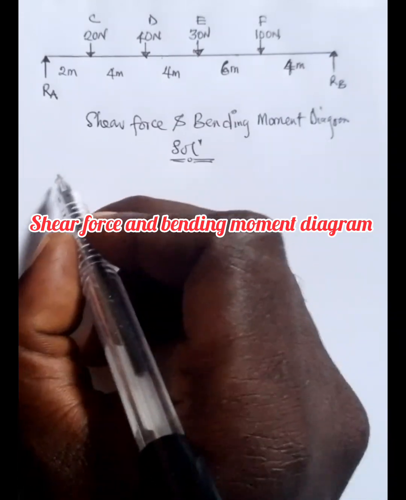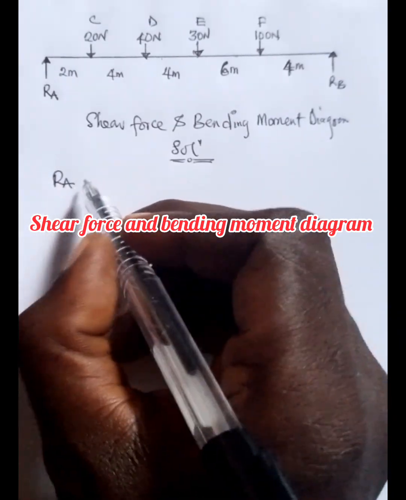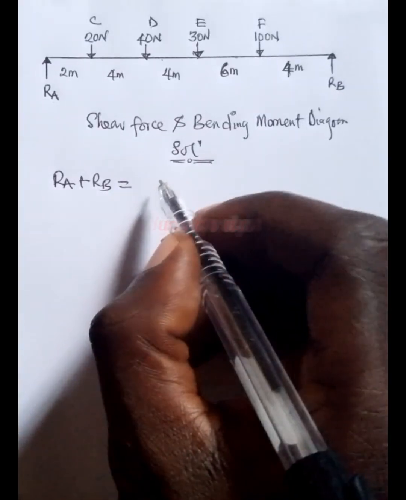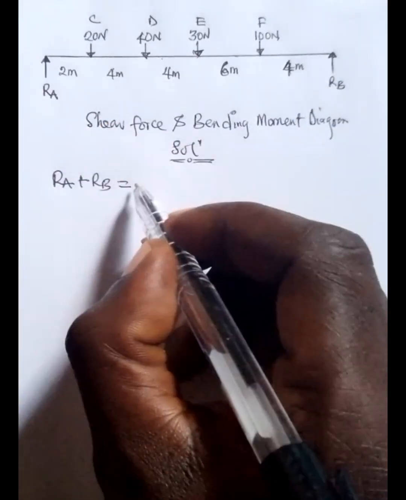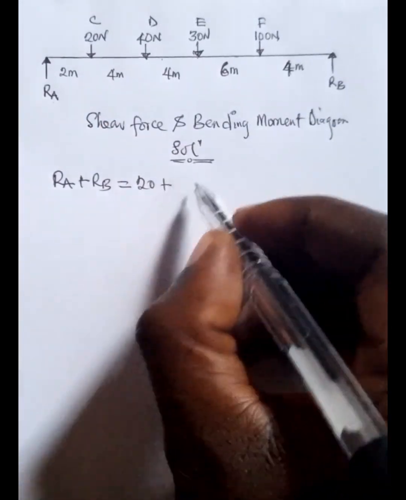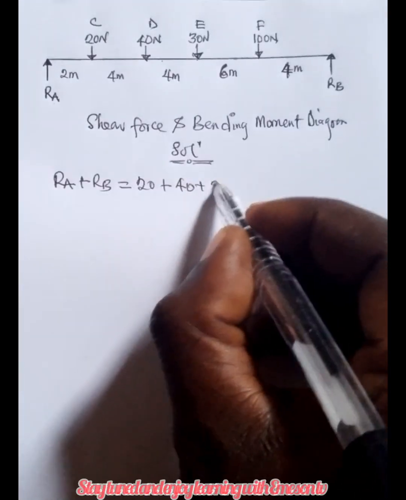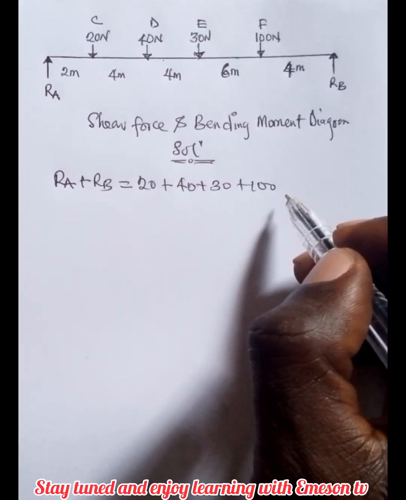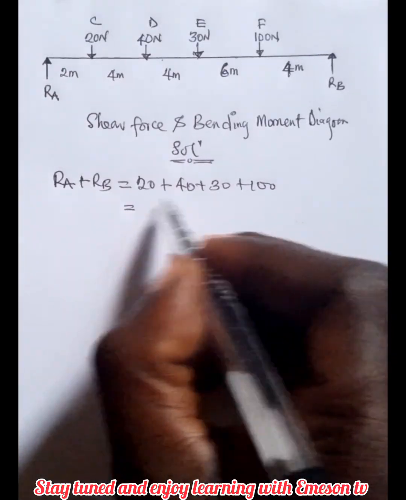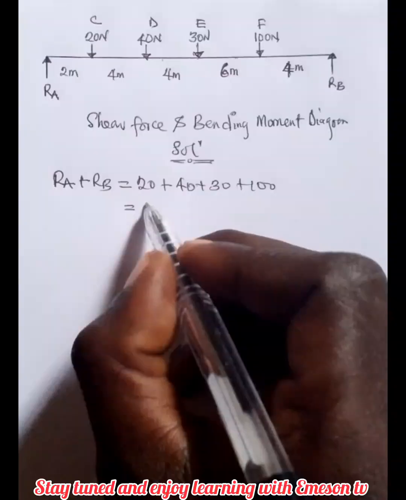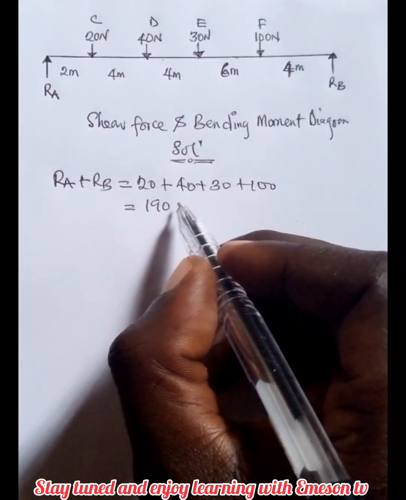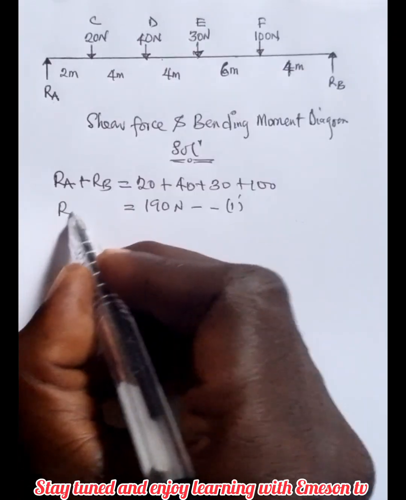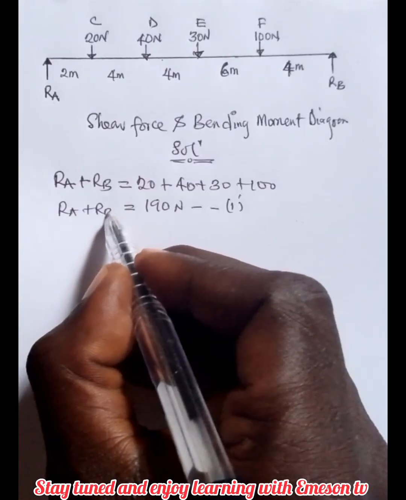You know that summation of the upward force is equal to the sum total of downward force, which is this 20 plus 40 plus 30 plus 100. So let's sum all this. This will give us 190. Let's call this equation 1. That is R_A plus R_B.